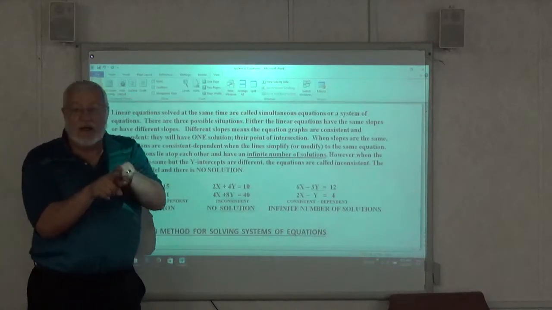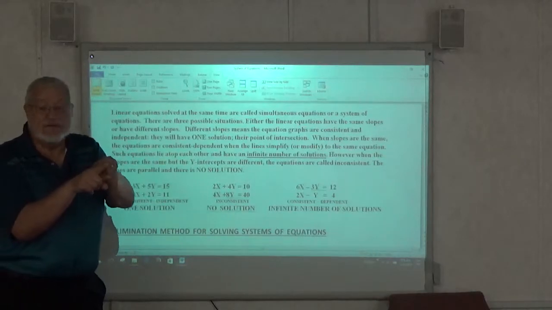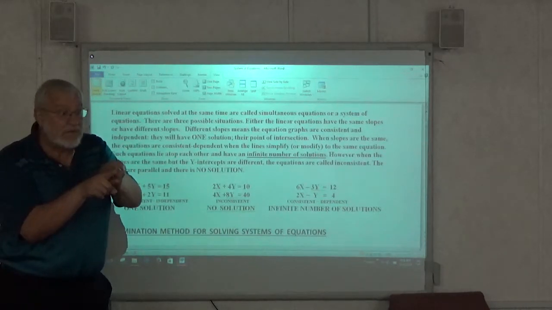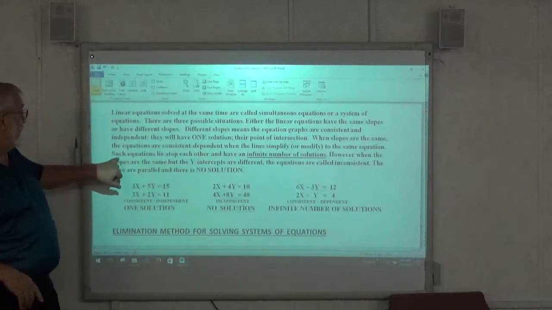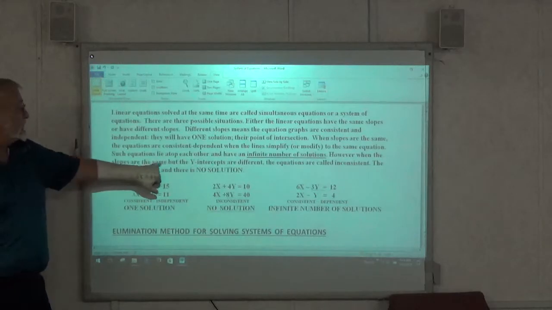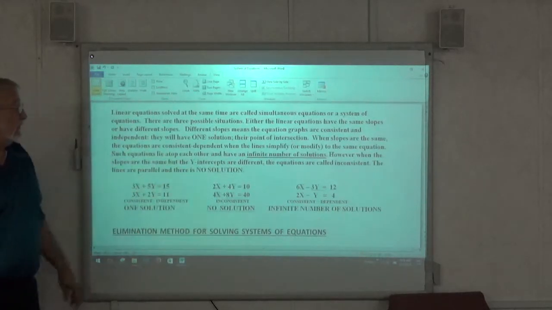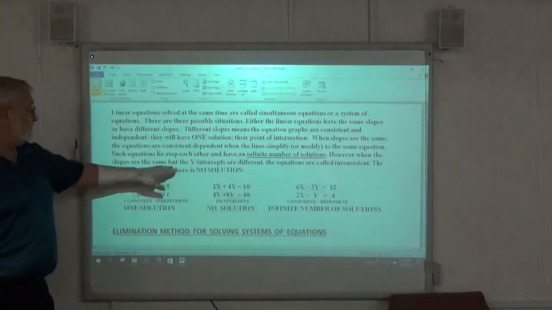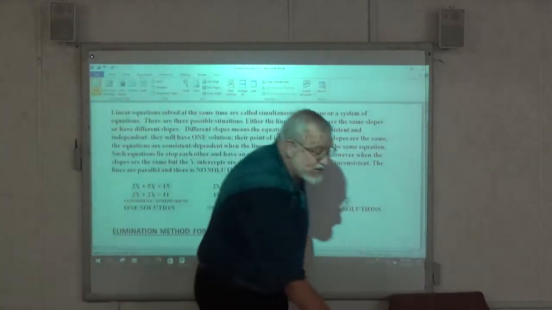Okay? So, in that case, what is their solution? Their solution is all values of x. There's an infinite number of solutions for that one. However, when the slopes are the same but the y-intercepts are different, then the equations are called inconsistent and there's no solution. Okay, so here's an example of what that's talking about.